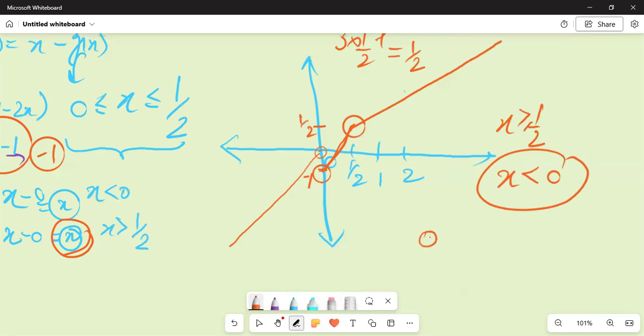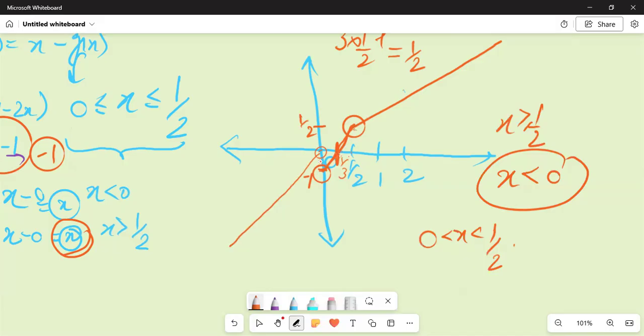But when x is between 0 and half, between 1/3 and 1/2, hx is taking all the values between 0 and half also. You see that this is 0, this is half. After half, it is also taking all the values because it is the identity function. And between 1/3 and half, the hx function is taking all the values between 0 and half. And between 0 and 1/3, it is taking some negative values.